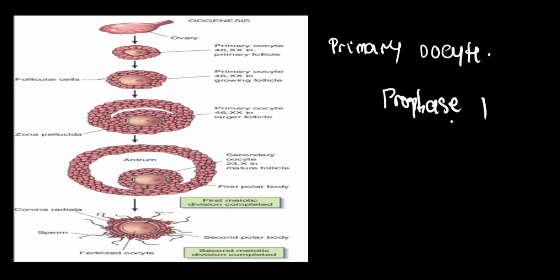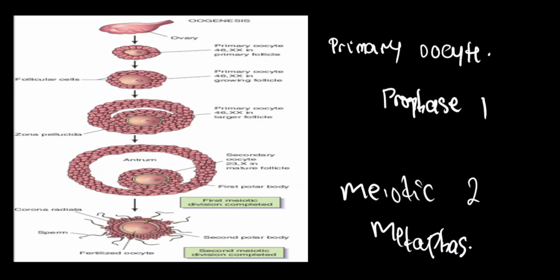Then it entered into the next meiotic division, meiotic division 2, where the cell went through prophase and then metaphase 2. At metaphase 2 the process is arrested, the process stops, and then the secondary oocyte is ovulated.